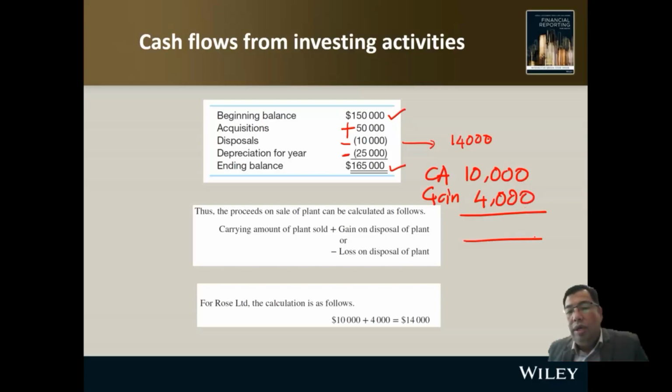So in other words, you sell the asset for 14,000 cash. This is your cash proceeds, your proceeds from sales, cash received from sales. That is 14,000. So this is how you get the cash proceeds from sales.